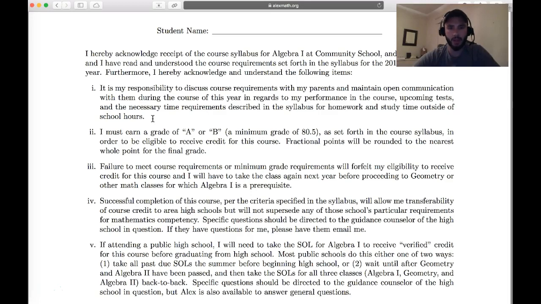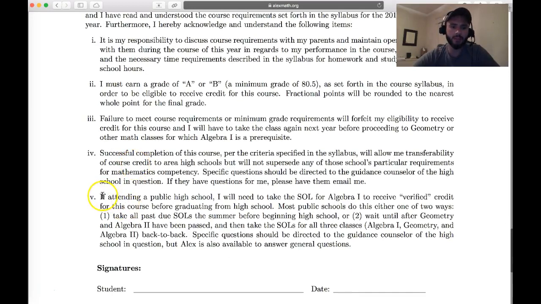I'm happy to tell you at any time what your grade is because I use Excel to calculate it, so I can easily tell you exactly what you have if you just come ask me any day throughout the year. There are also some stipulations here about SOLs if you're going to a public high school, and I'm happy to share or explain those if that applies to you.